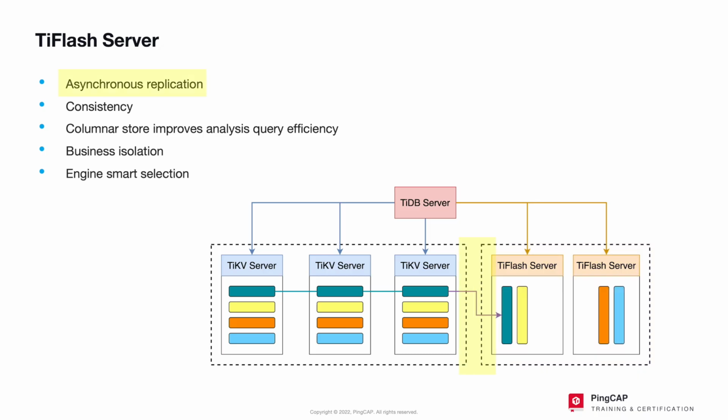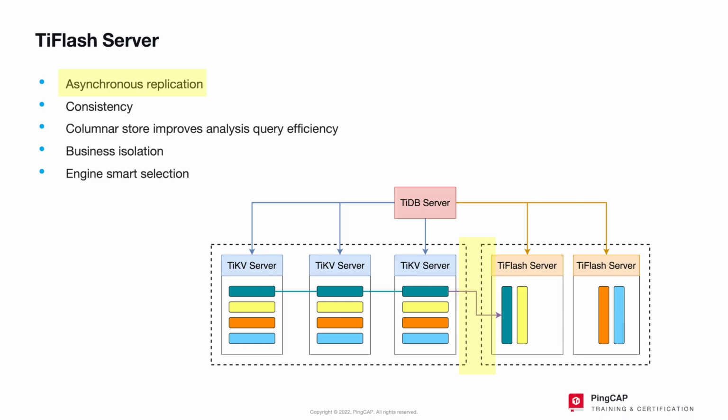Asynchronous replication. TiKV is the primary storage component. In fact, TiFlash cannot work without it. Another way to say this, I can have a TiDB database with only TiKV, but I can't have one with only TiFlash. When you insert, update, or load data into TiDB, it is written to TiKV first, then replicated to TiFlash.